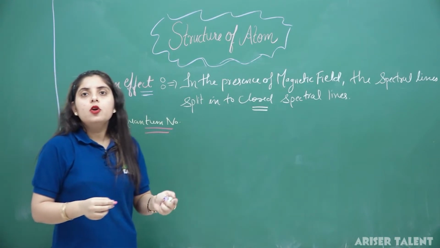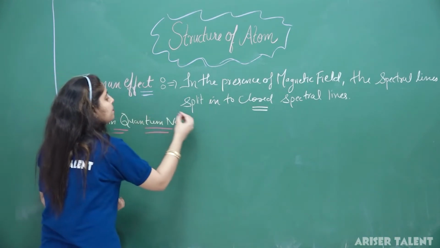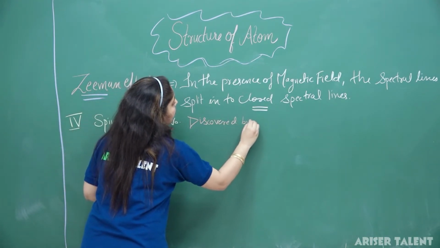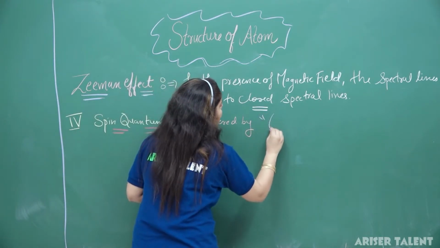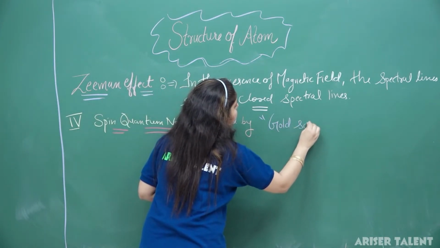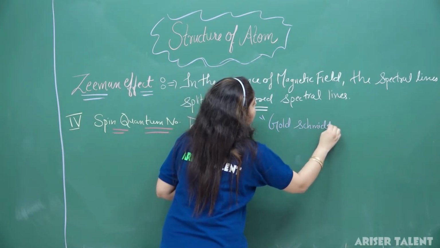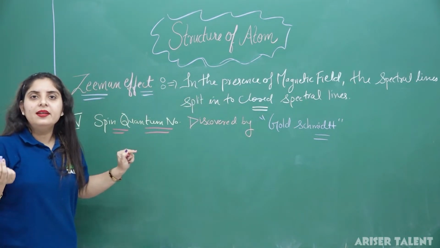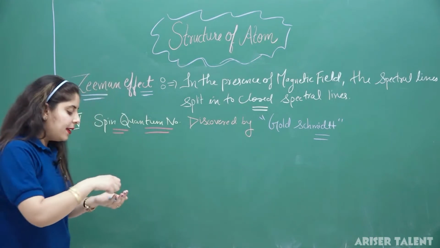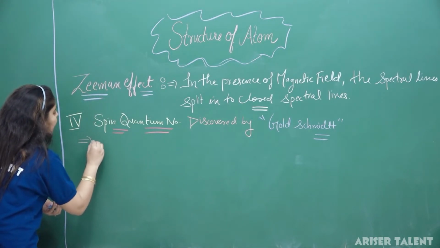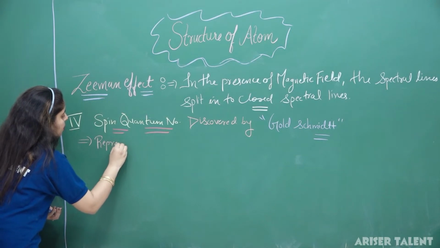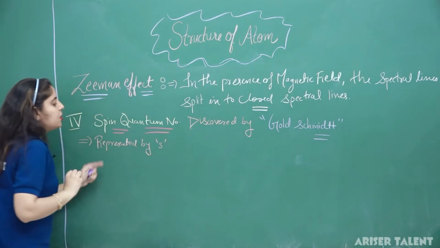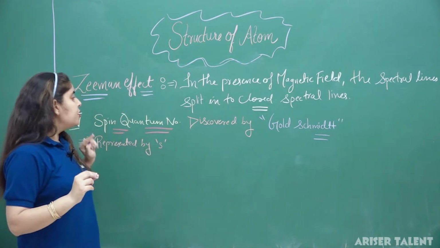It was discovered by Goldschmidt, and the spin quantum number will tell us about the spin of an electron in an atom. It is represented by small s.